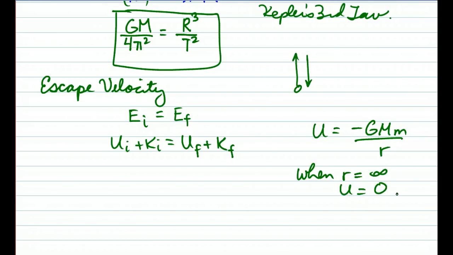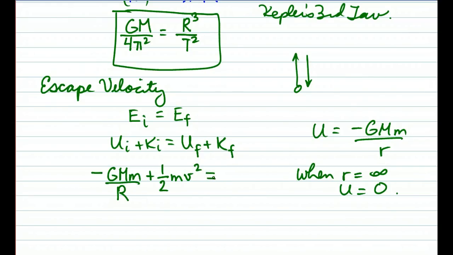So when we're sitting on the surface of the Earth, R is going to be the radius of the Earth, so our starting potential is negative GMm over R, where R is the radius of the Earth. And of course the speed we throw it with gives it kinetic energy of 1/2 mv squared.